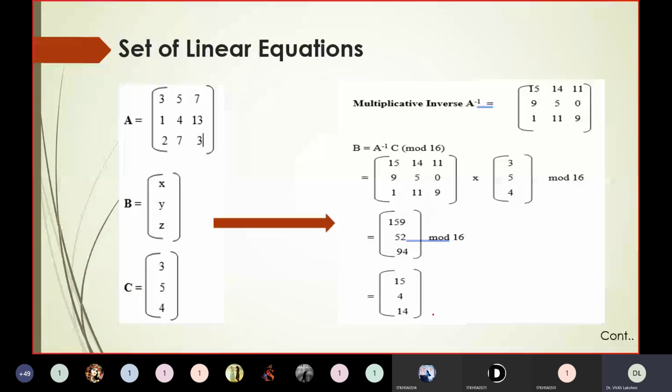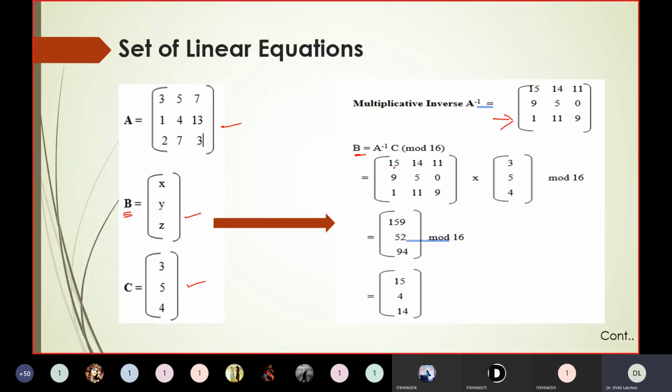Here the matrix A, matrix B, matrix C. Then the multiplicative inverse. Here x means, I am going to indicate it as B. That's why B is equal to A inverse C mod 16. So here this is the value of A inverse and the C value, then the mod operation.